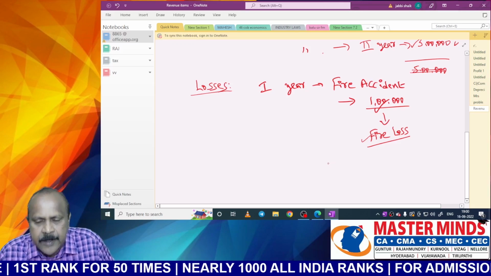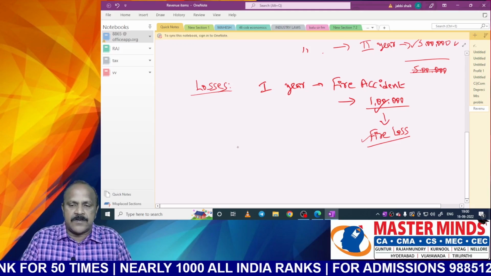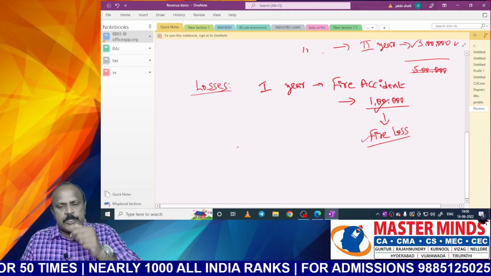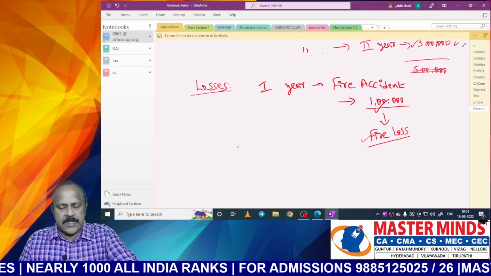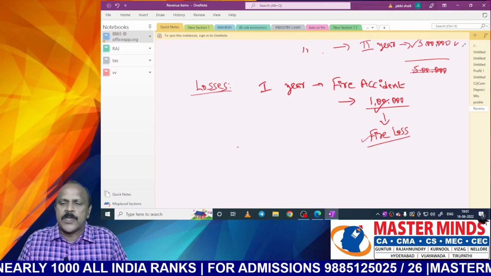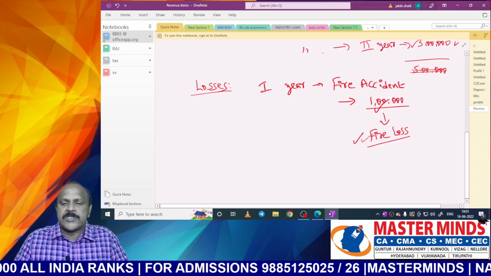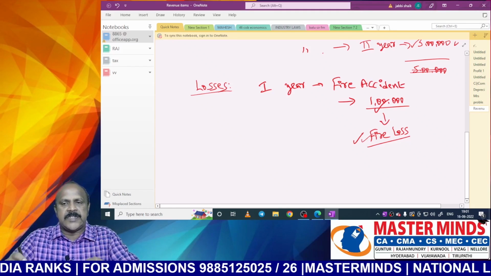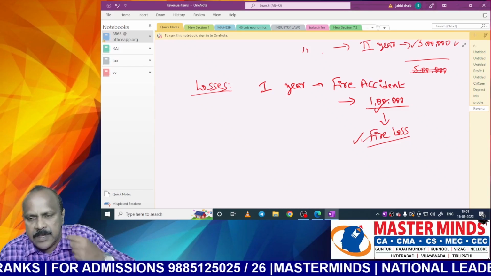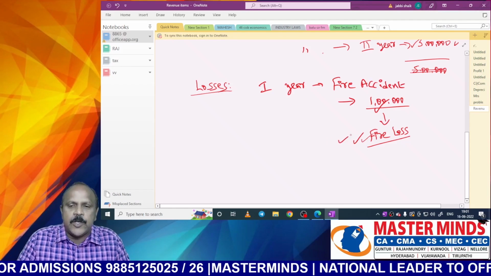Can we debit the same fire loss to profit and loss account of the second year? No, we can't show. The fire loss which occurred during the first year is confined to the first year itself. It should not be carried to the next year. So it is a revenue item.